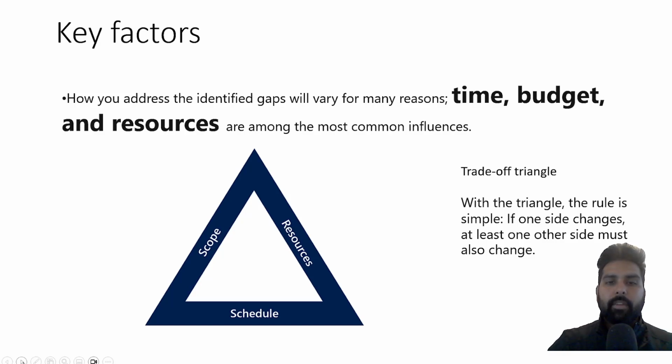So if you have a gap which is impacting your scope, then it cannot be managed alone. You need to either change your schedule, it will impact your schedule, or you need to add more resources.